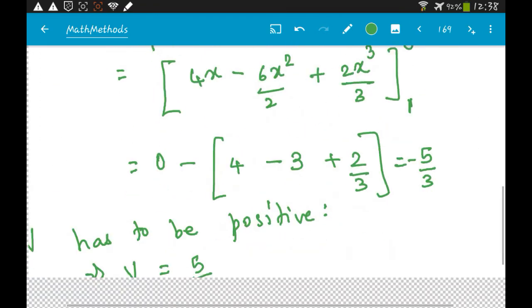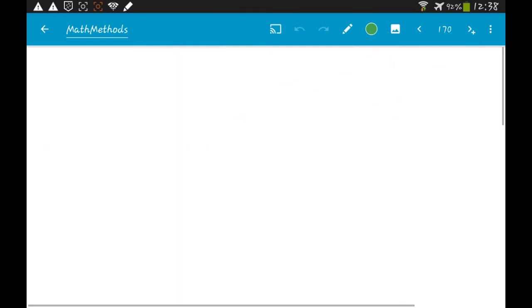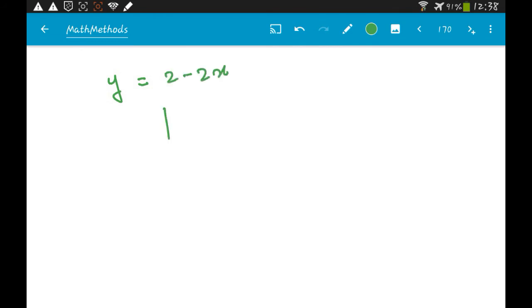Let's look at the limits once more. Alright. So what are the limits? So the line was y is equal to 2 minus 2x. So if you plot this line, the intercept is 2, and then the slope is 2.